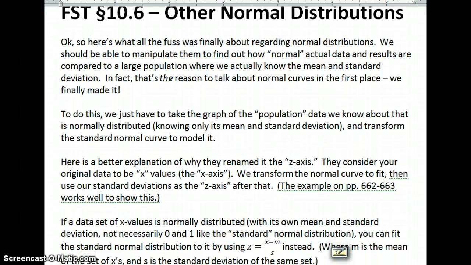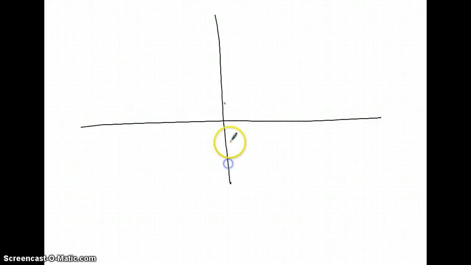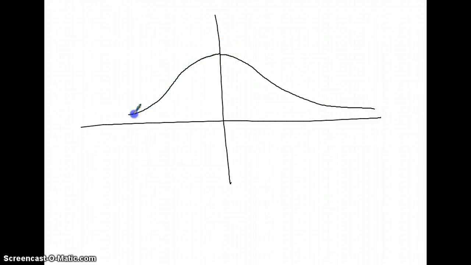We've spent a lot of time talking about normal distributions and what that curve looks like. The one we talked about last time was the standard normal curve. When they say standard, they mean the one that has the inflection points at 1 and -1.